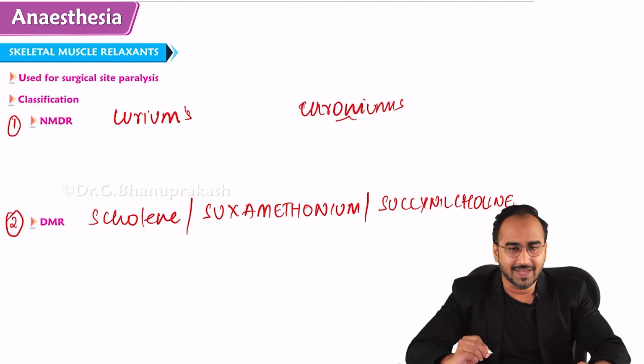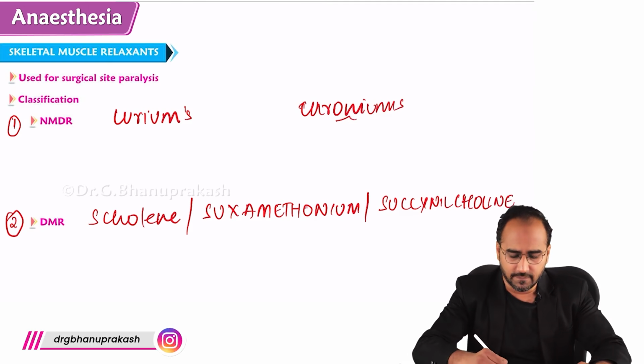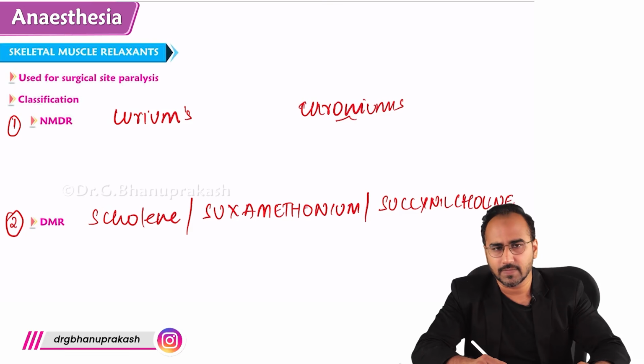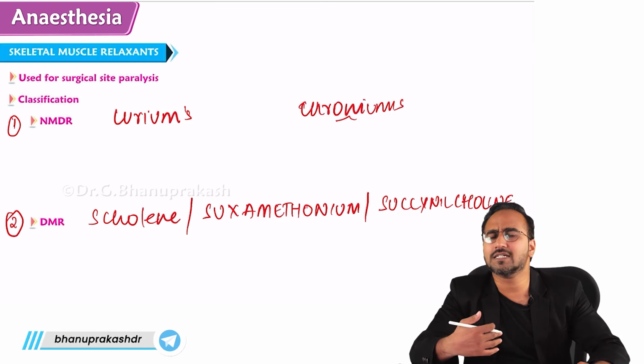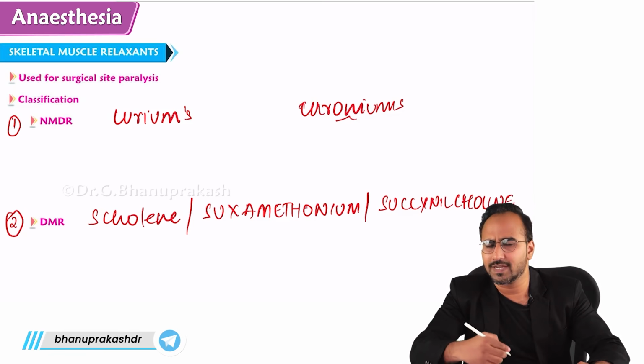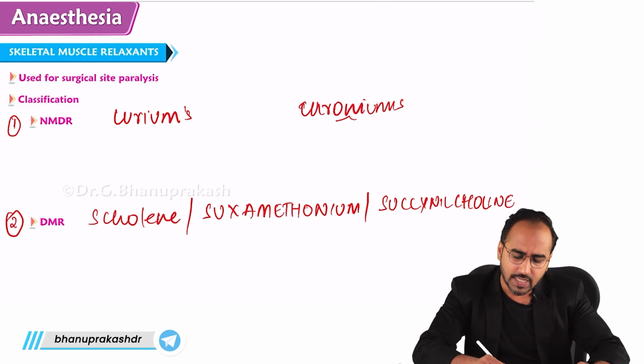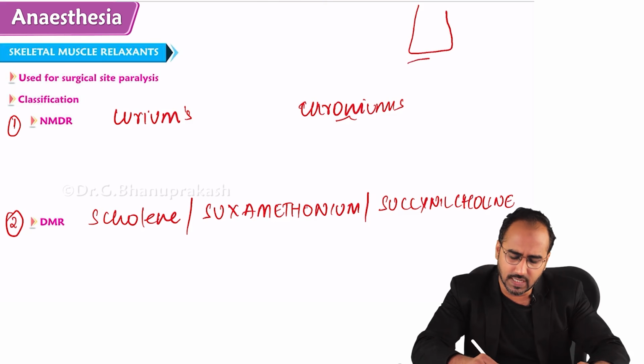First of all, whenever you give this muscle relaxant, where will it act? Muscle relaxant causes paralysis of the muscle, but where should it act, and when it acts on that part, how does the action come? So basically, what is the mechanism of action? Whenever you give this muscle relaxant, it goes to the area between the nerve and the muscle.